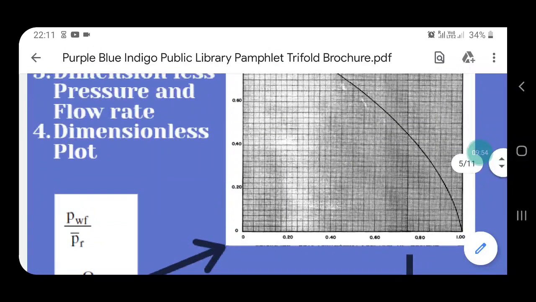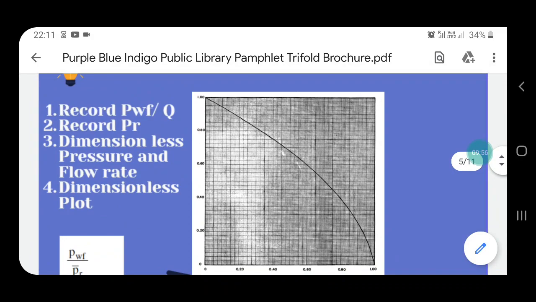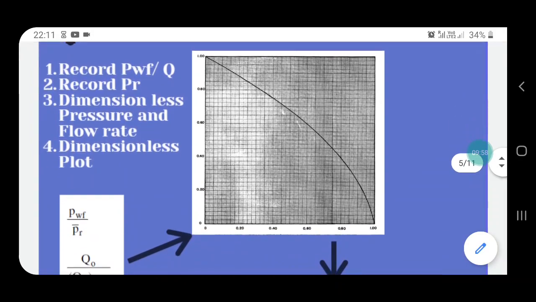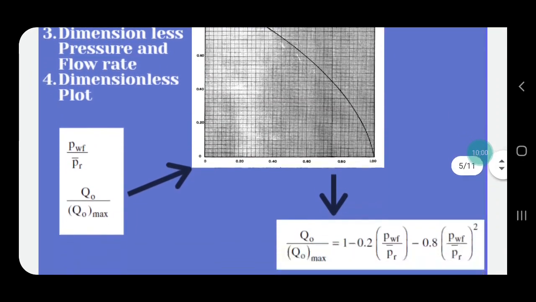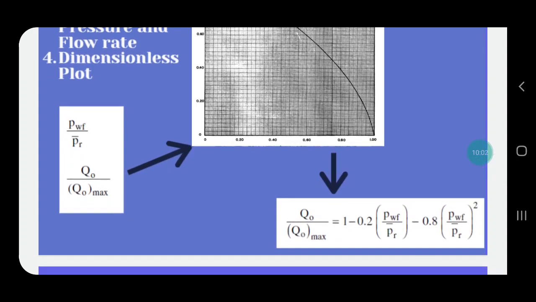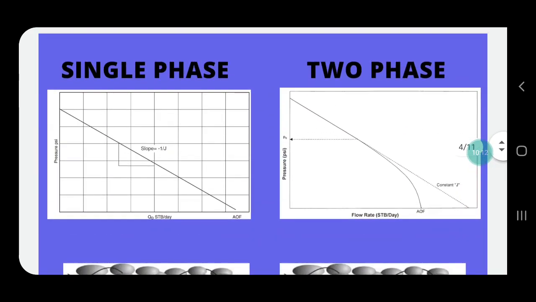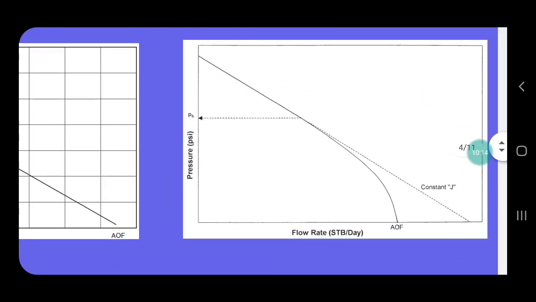So what he did, he generated a single reference curve, and this curve is defined by this equation. This equation is popularly known as Vogel's equation, Vogel's IPR equation, and this is the equation which we generally use to define this curved path.